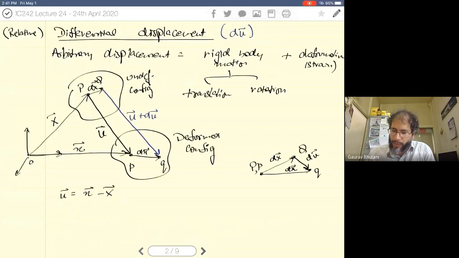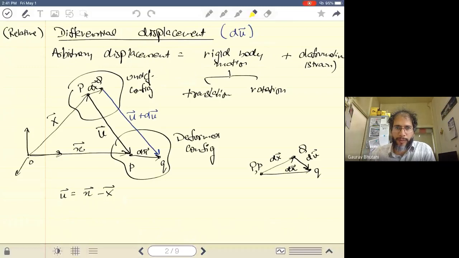So we talked about the relative differential displacement, that is du. What we said was we have a point capital P, and we have a point small p, which is nothing but what capital P was in the deformed configuration. Then we have capital Q, a point around capital P, giving us a d capital X vector.